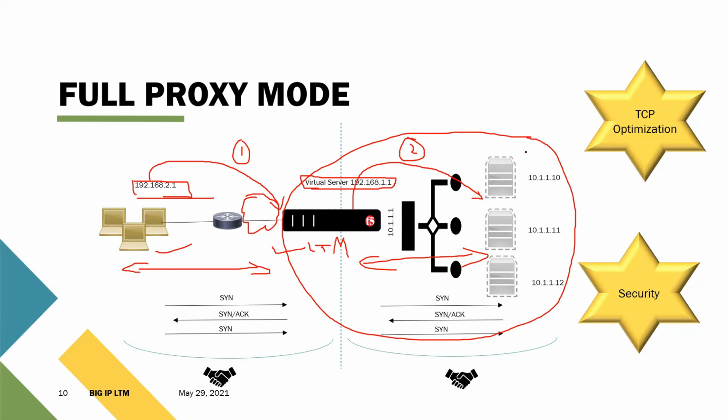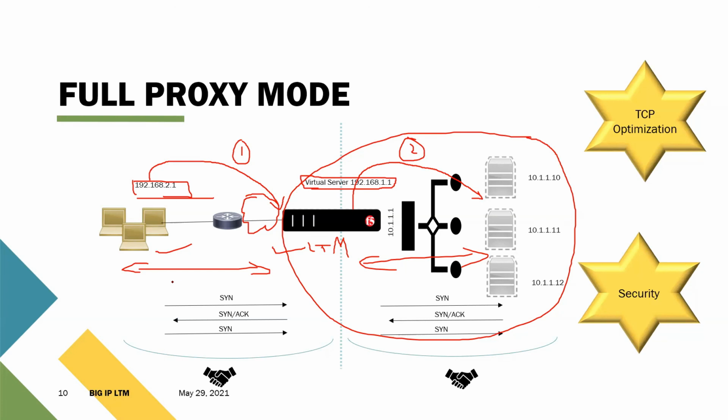So the LTM offers different kinds of VIPs and different kinds of TCP profiles you can create to manage these two connections individually, right?